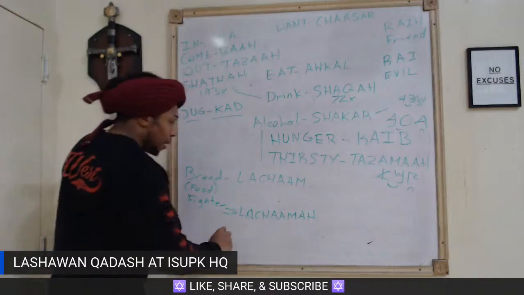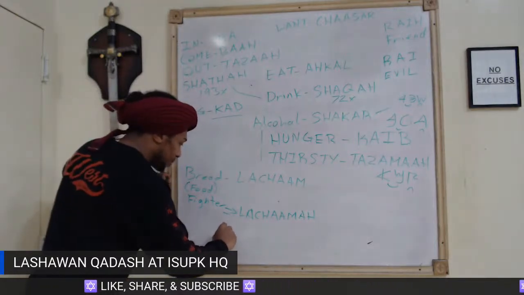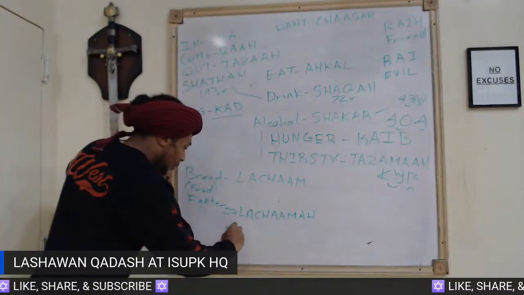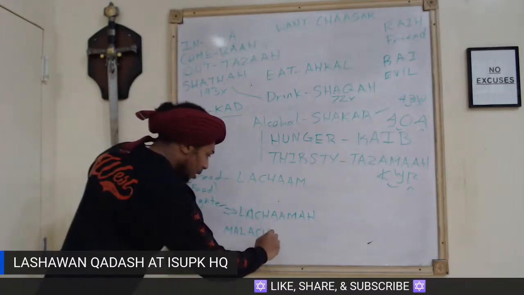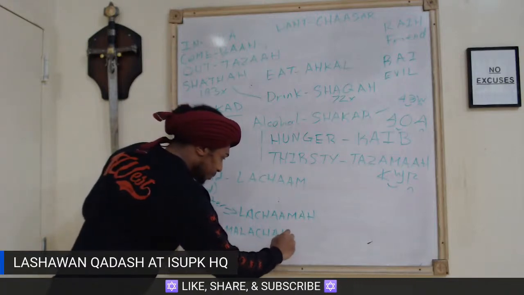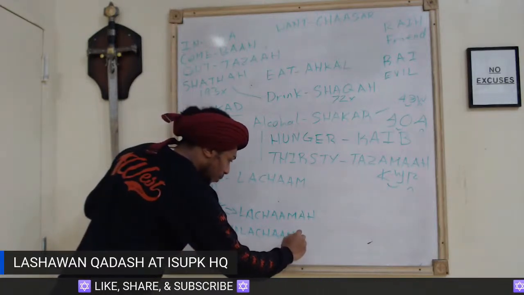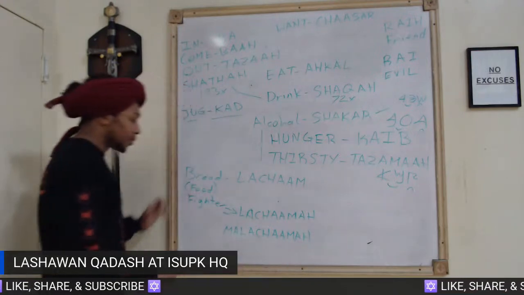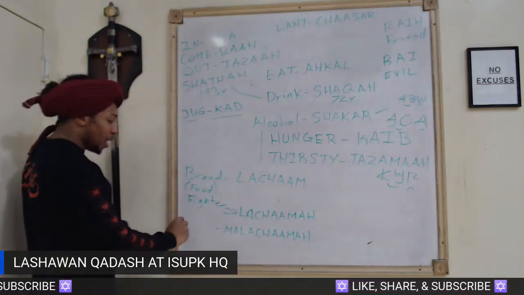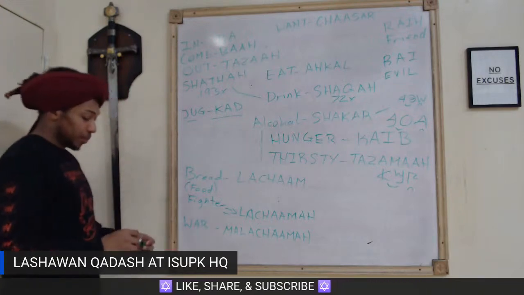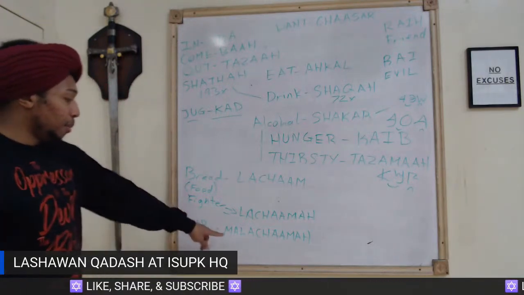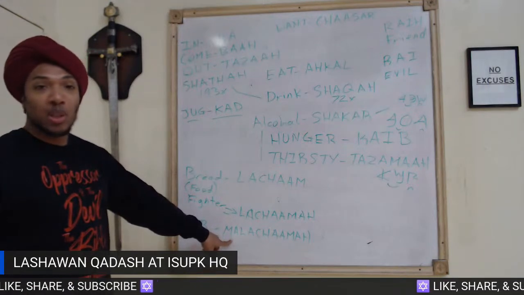And then we got malakama. And malakama is war. Ma as a preposition means what again?